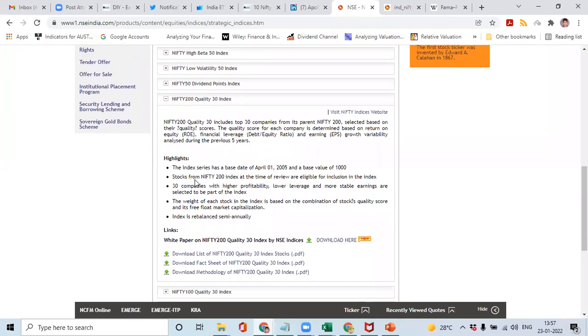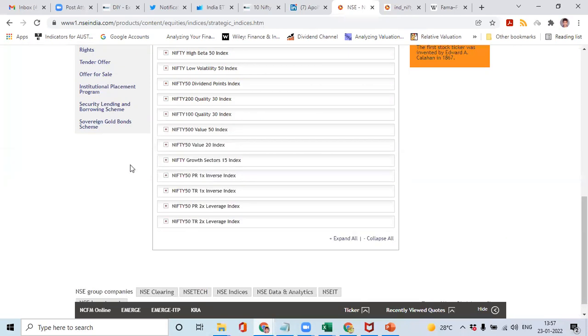Quality is nothing but these three parameters in the balance sheet: return on equity, debt to equity ratio, and EPS growth over the last 5 years, and give some weightage and get a score and rank the score. The top 30 companies will form that particular index.